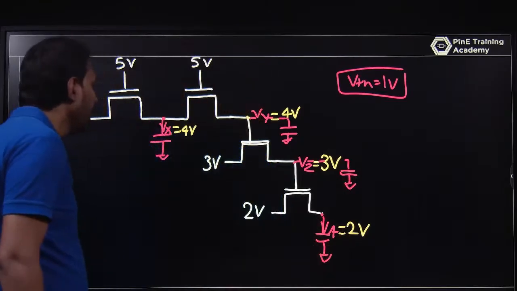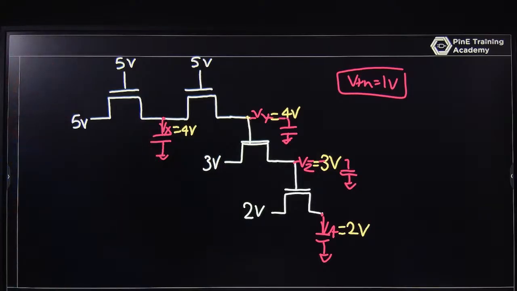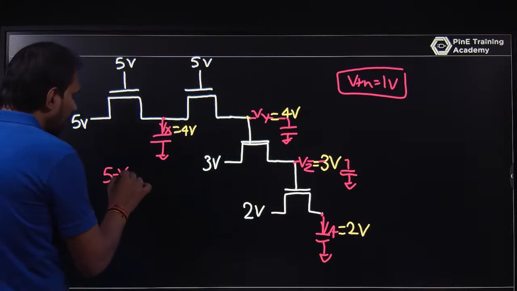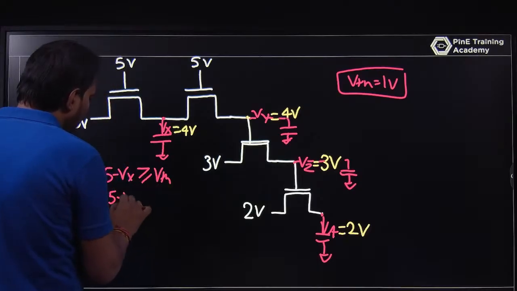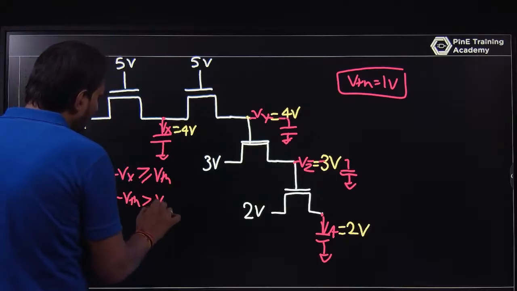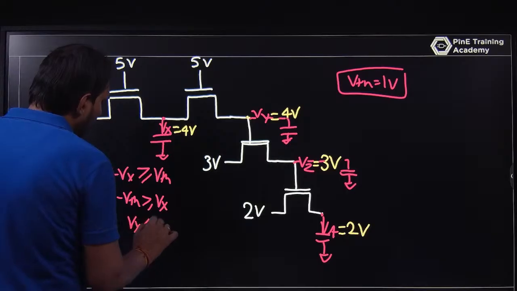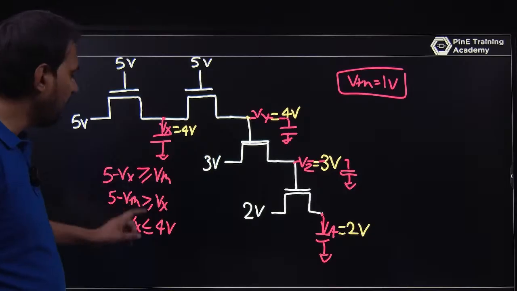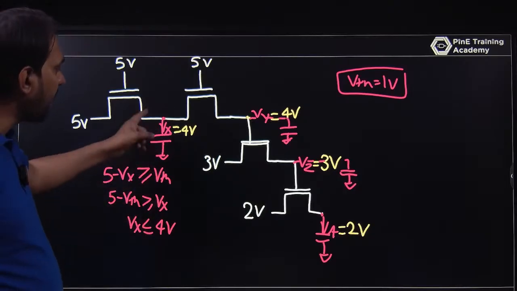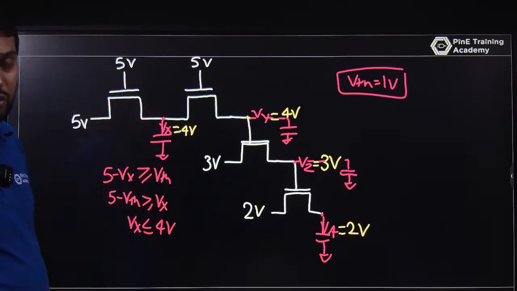Initially, all the capacitor voltages are 0. Once you have a supply, 5 minus Vx is greater than or equal to Vth. So 5 minus Vth is greater than or equal to Vx. So Vx is less than or equal to 4 volt because Vth is 1 volt. So 5 minus 1, that is 4 volt. So the capacitor can charge till 4 volt.